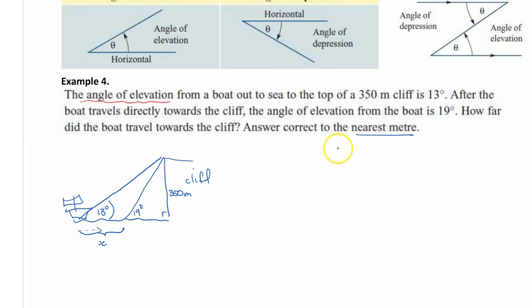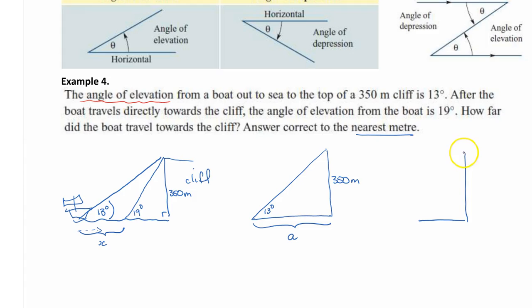But hopefully what you can see is that from the first original triangle, if we took that entire distance with 13 degrees here and the cliff, and we worked out, for example, let's call that side A. And then we took the second piece of information, where this is now 19, and the cliff, and that distance now is B, then X really is the whole distance A, all the way in, and we're going to subtract what's left, which is B. So we've got to work on finding A and B, and to do that we will use our trigonometry, and we're finding the side.